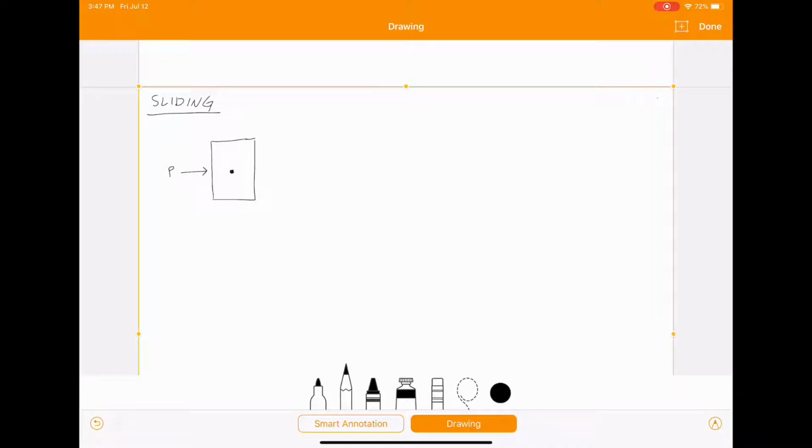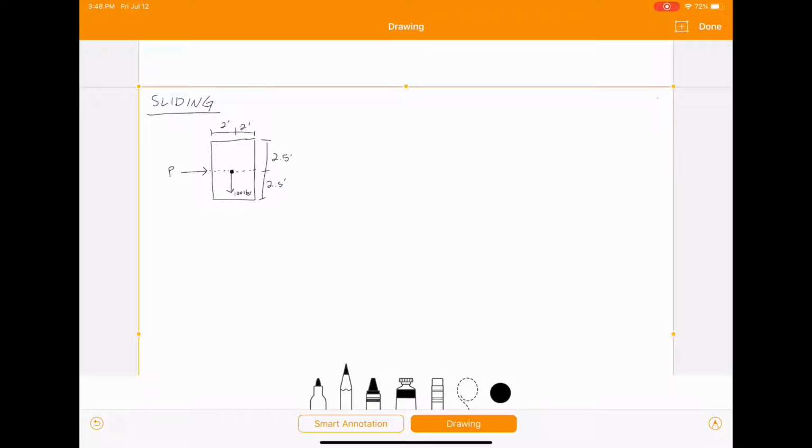The weight of the box is going to act through its center of gravity, 100 pounds. So it's going to align with this. It's going to be halfway from the top to the bottom, and it's going to be halfway for the width as well.